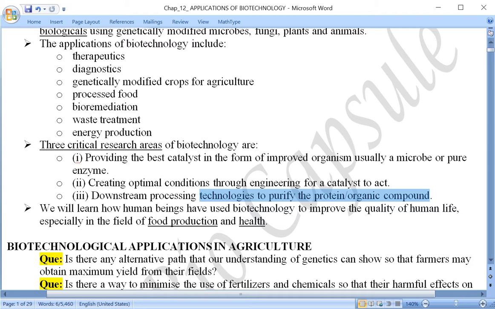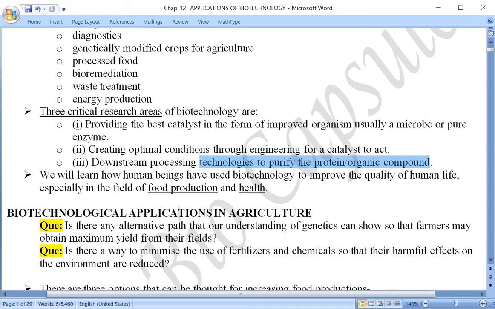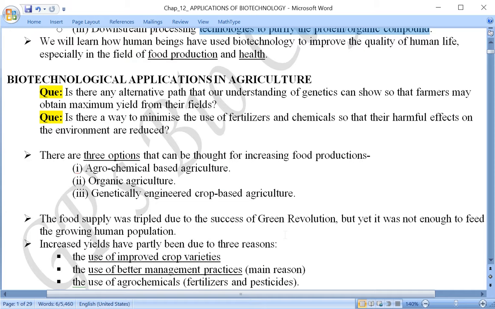So that is a small part, the introduction of this new chapter, chapter number 12, biotechnology and its applications. The next topic is biotechnological applications in agriculture. Let us continue here.